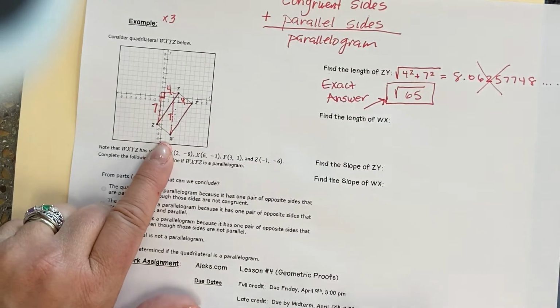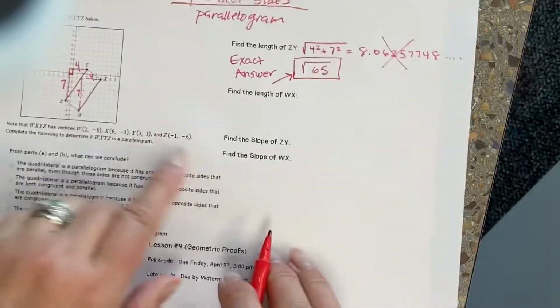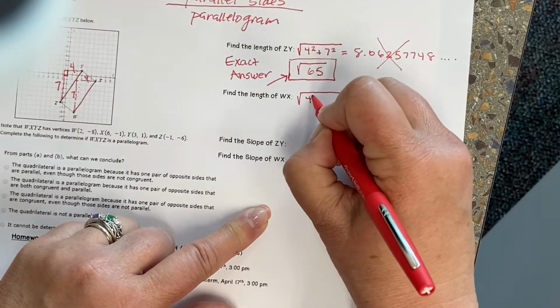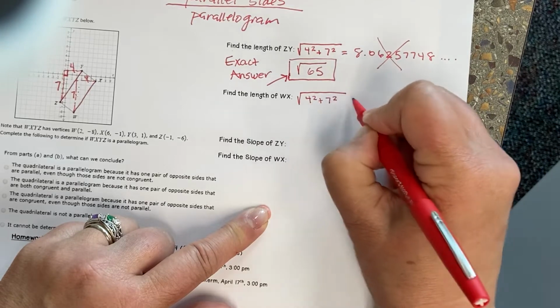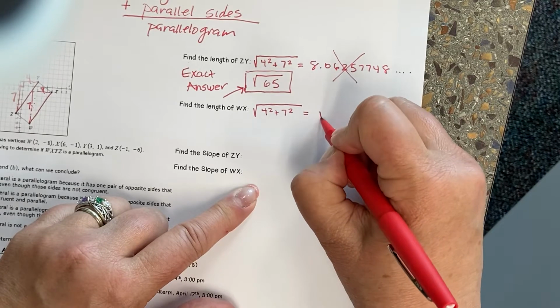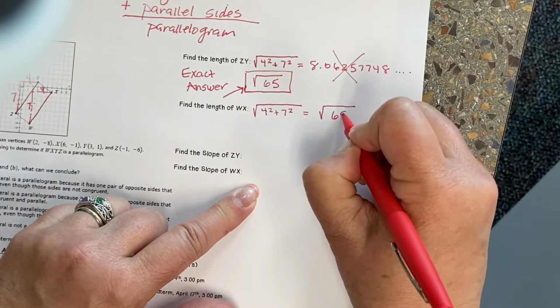It's exactly the same. So it's the square root of 4 squared plus 7 squared equals, we already did it up here, so we don't have to do it again, square root of 65.